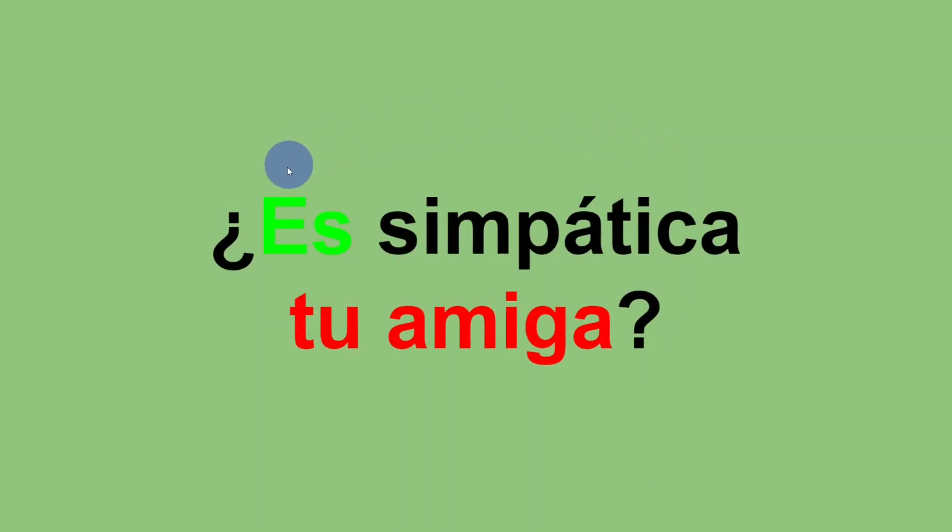And right here we have it at the beginning again, but the subject at the end, okay? So there is 3 ways that we're doing it. ¿Es simpática tu amiga? ¿Es simpática tu amiga?